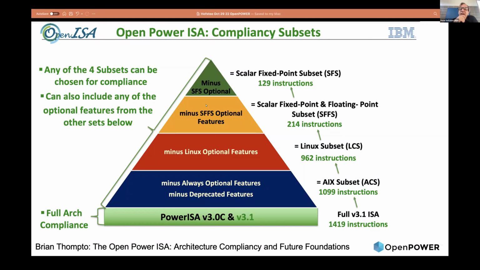The next set where you can have a compliance level is the Linux subset, and that adds a substantial number of instructions, primarily because the Linux subset actually has a dependence on the vector instructions as well. So with the vector instructions, there's a vector register file and wider load store data paths that are leveraged in the Linux kernel.